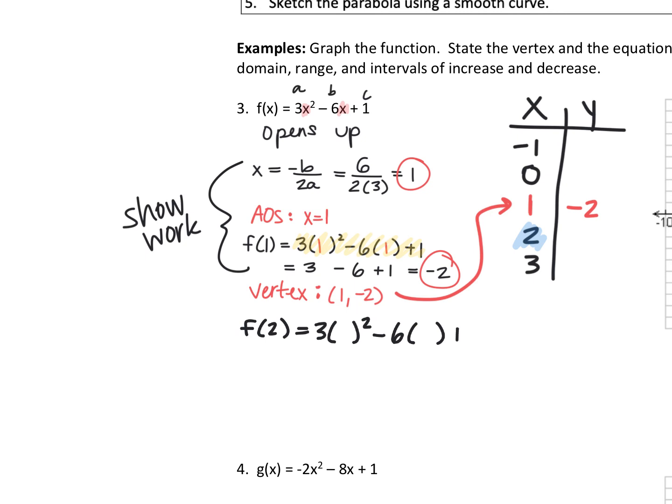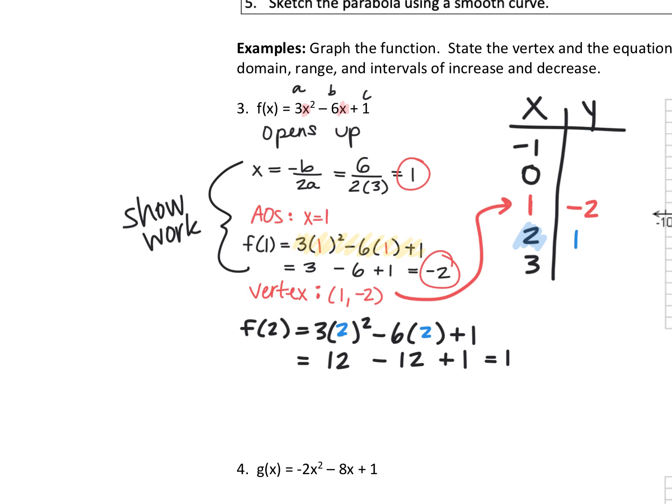We're just plugging in our x values to get some more y values. This time we're using 2. 2 squared is 4, so that would be 12 minus 12 plus 1, or 1. Okay, so there's my value here.